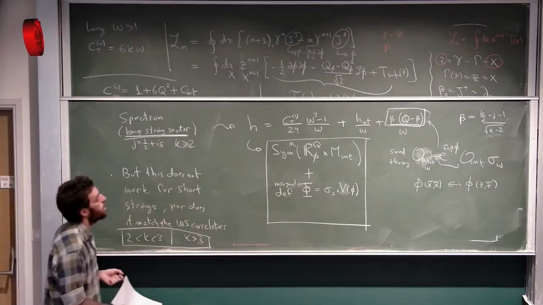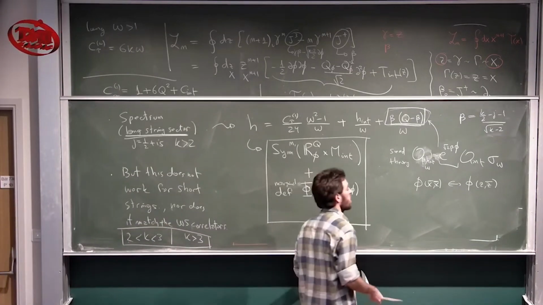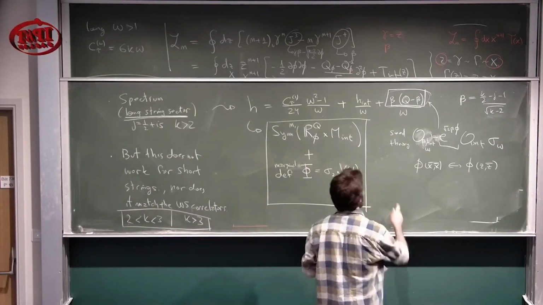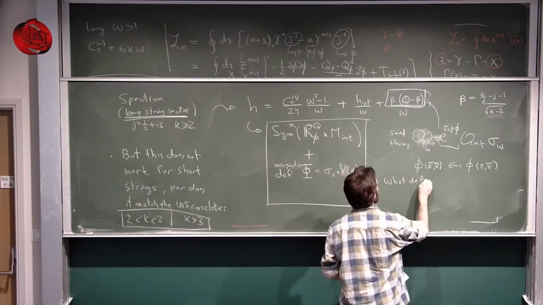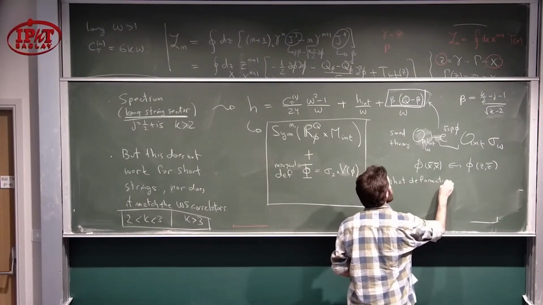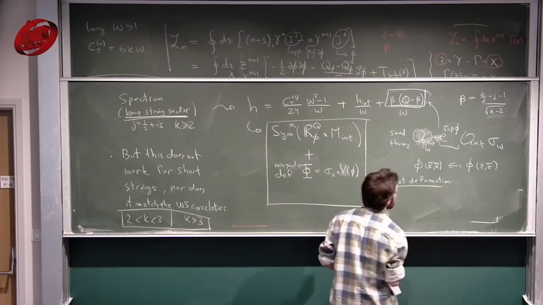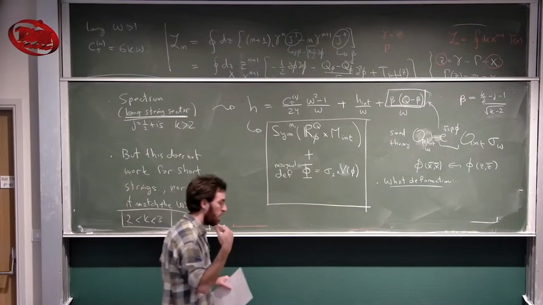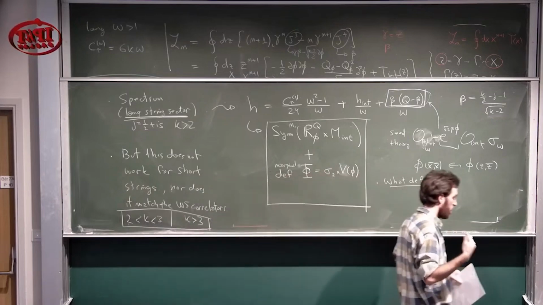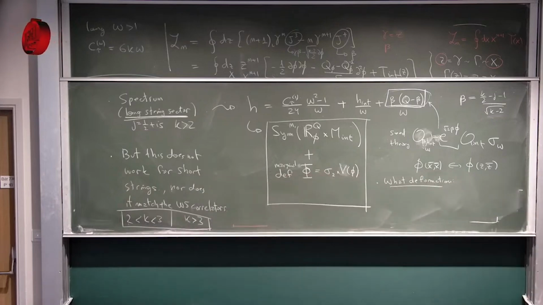And just very briefly to give you an idea, you can ask, what deformation? And there are several ways to try to argue how this should be. But again, for me, the nicest comment that one can make is, we know what's the deformation in the bulk.